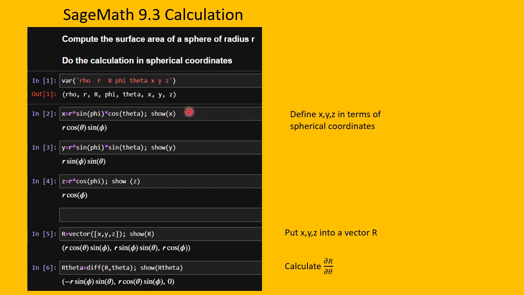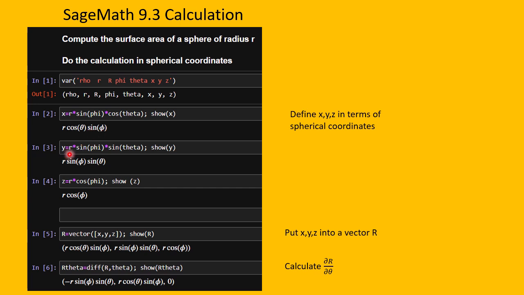So the next thing we'll do is define x, y, and z in terms of those spherical coordinates, remembering that we're just considering one sphere and it has radius little r. So x then is r sine phi times cosine theta, and let's show what x is. It's r times cosine theta sine phi.